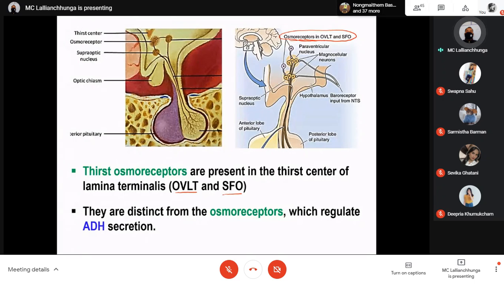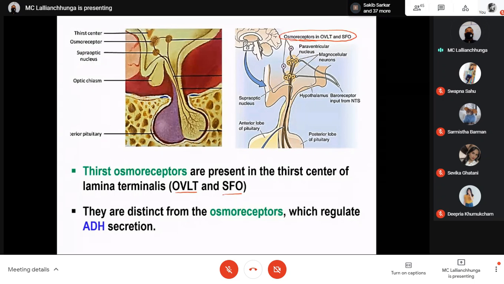But the osmoreceptors present inside the thirst center are different from those responsible for ADH secretion. You just remember this one. Different types of osmoreceptors are there. They are there in the kidney also.